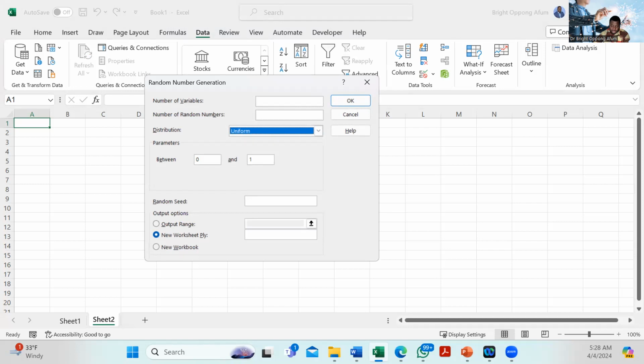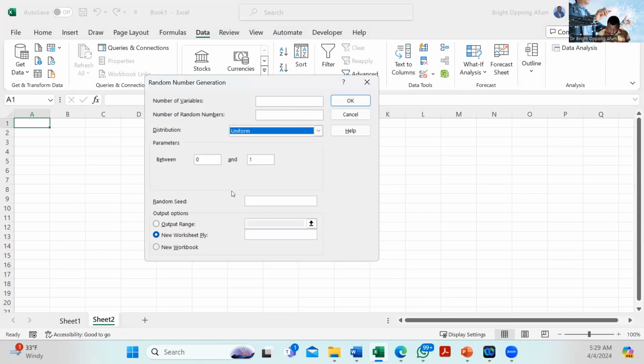So we know uniform distribution to be made up of a mean, which is actually determined by the two extreme ends of the distribution. And we have a standard deviation given by the square root of the two extreme ends raised to the power 2, divided by 12.